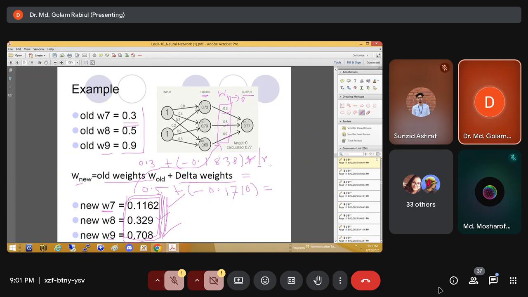The learning rate can be, you can consider, 0.01 or something. It is how fast or how slow we want to pick the steps, the step size. So how fast or how slow we want to change the weights. That's why we can introduce the learning rate.